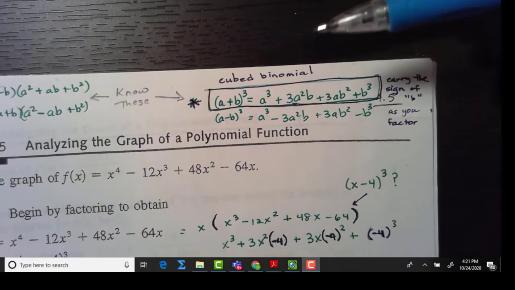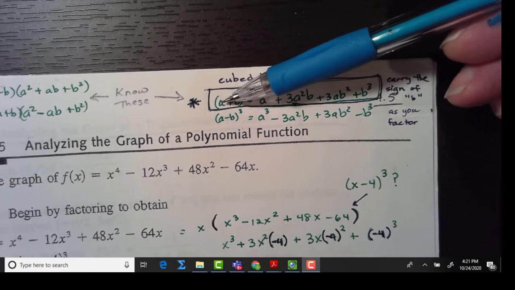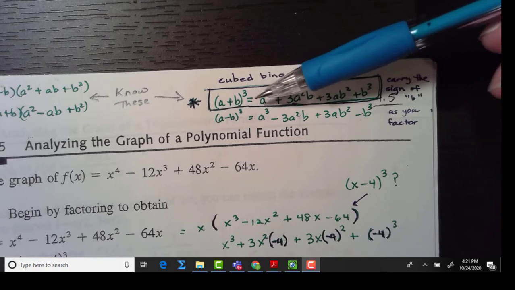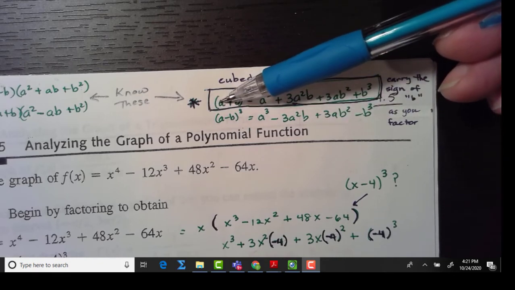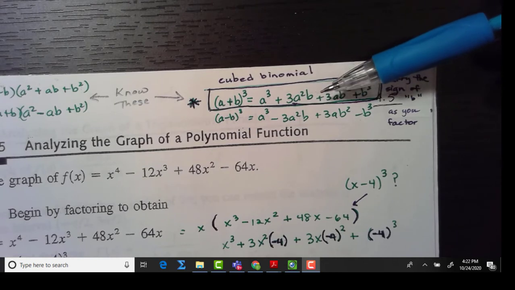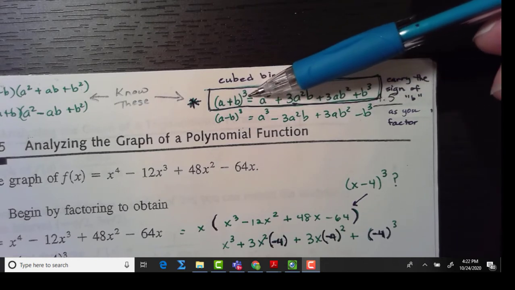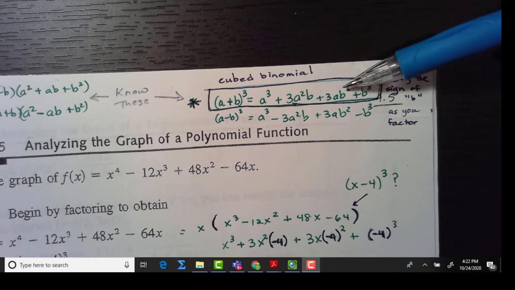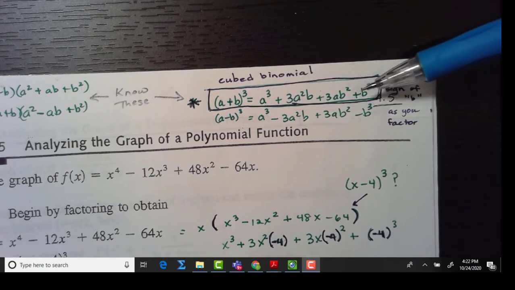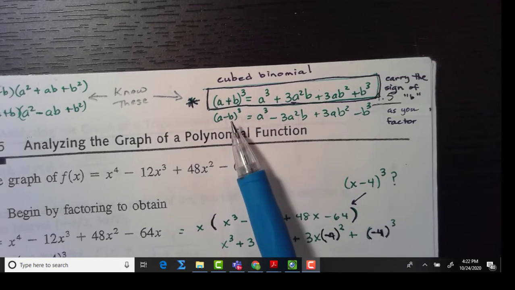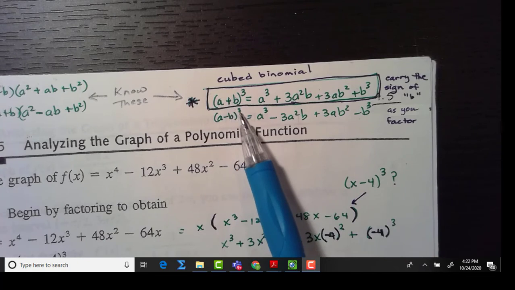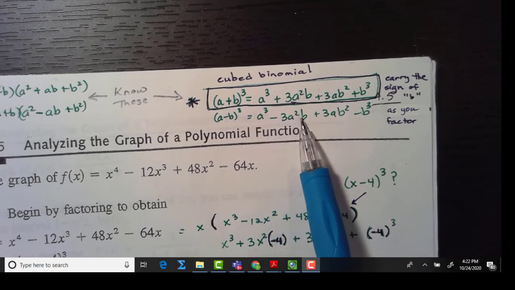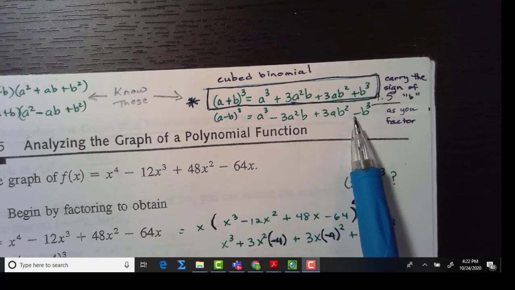Cubing a binomial gives you the first term cubed plus 3 times the first one squared and the second one to the first power plus 3 times this to the first power and the second term to the second power plus the second term cubed. And if you have a minus here, you've got a cubed, and this would become a minus 3a squared b plus 3ab squared minus b cubed.